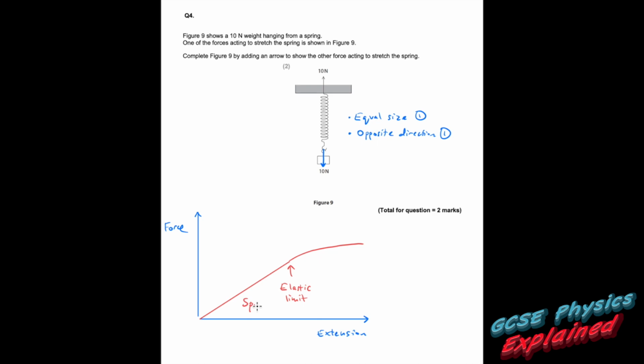So that's for a spring. And you're also supposed to know the force extension graph for a rubber band. So that'll be curvy at first that way, then it goes curvy that way.